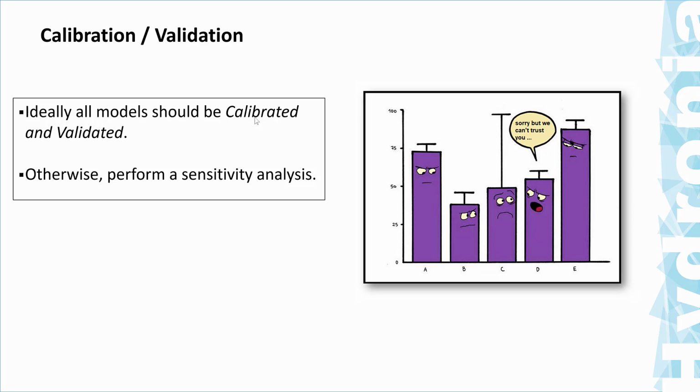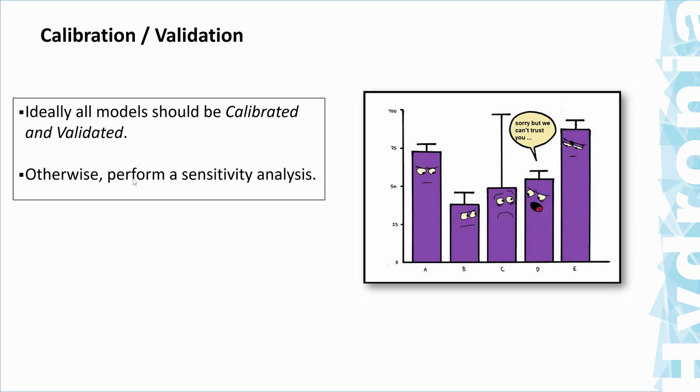In order to perform a calibration and a validation, you need data, and in many places there is no data available. In those situations, what we recommend is to perform a sensitivity analysis. If you are not certain about the Manning-n parameter, you can make several runs with variation of the parameters. That's very simple to do in the Flo-2D system, because you can make a run by multiplying all the Manning-n values by a factor, let's say increasing them by 10% or 20%, or decreasing them by 10% or 20% or more, and compare the results.